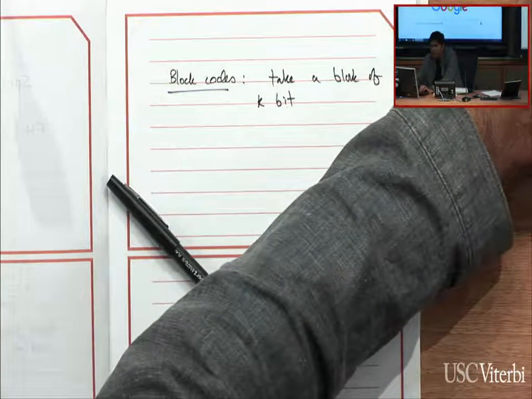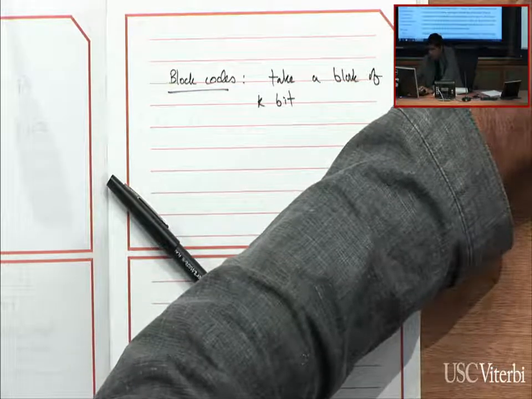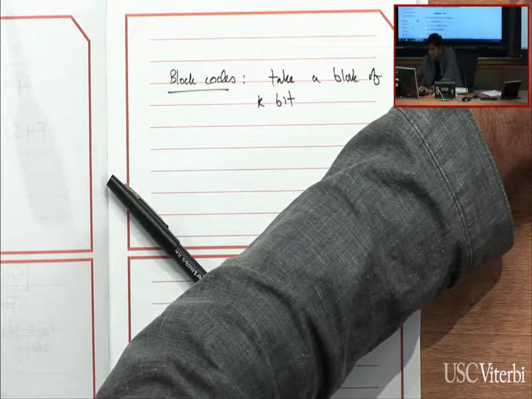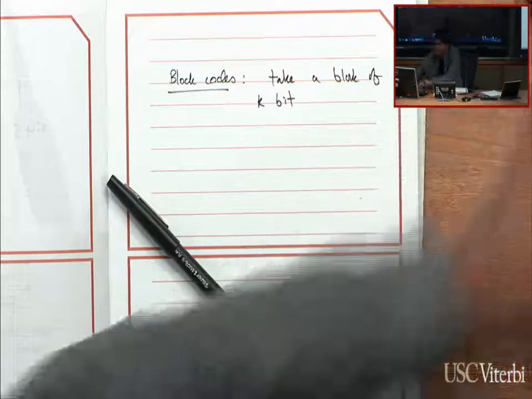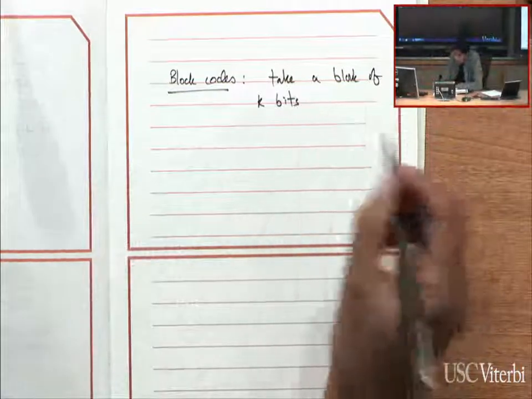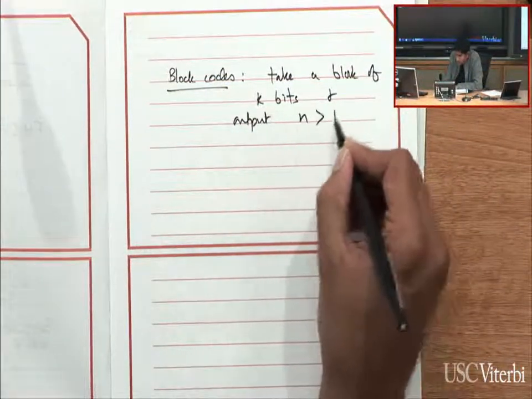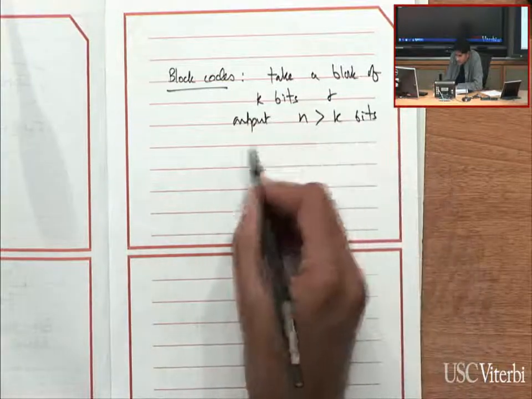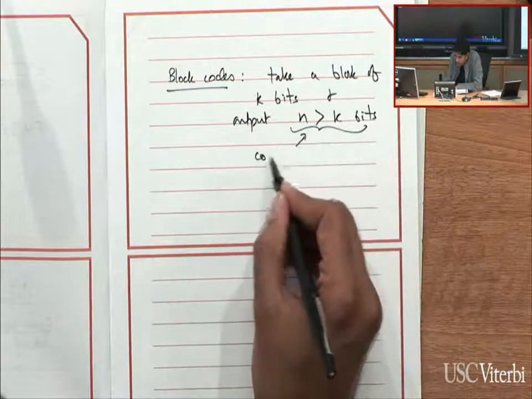Block code, coding rate. So k bits of input data and output n bigger than k bits. And this output is called a code word.